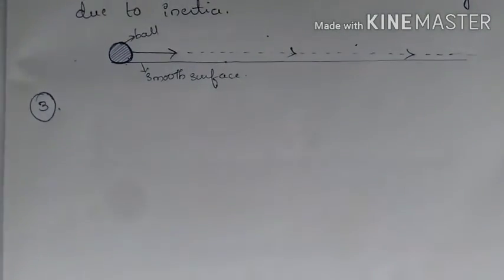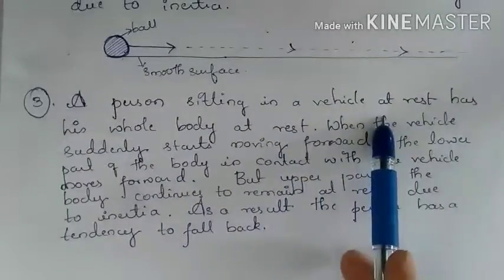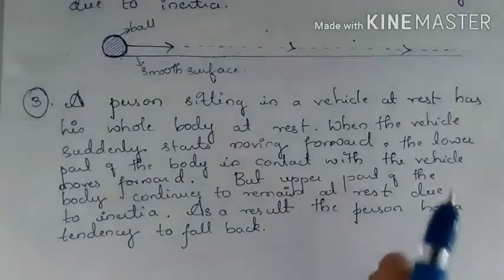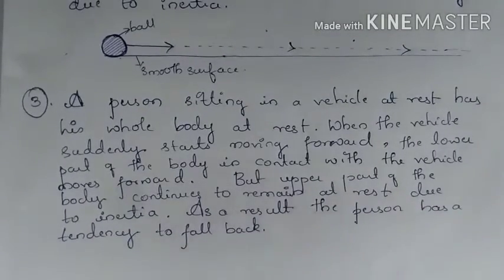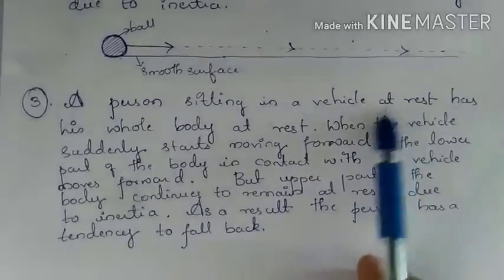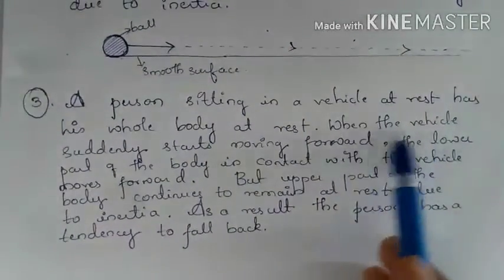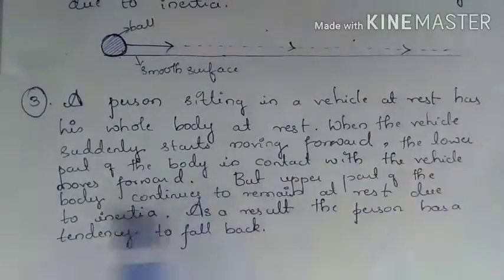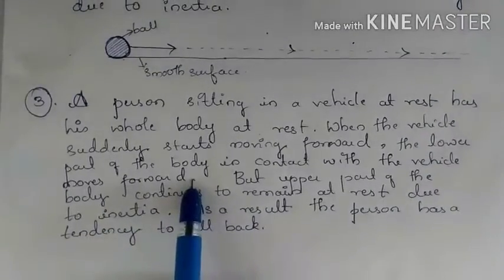The third example here is a person sitting in a vehicle at rest has his whole body at rest. Imagine a person who is sitting inside a vehicle. If he sits, then his whole body will be at rest. When this vehicle suddenly starts moving forward, the lower part of the body in contact with the vehicle moves forward.